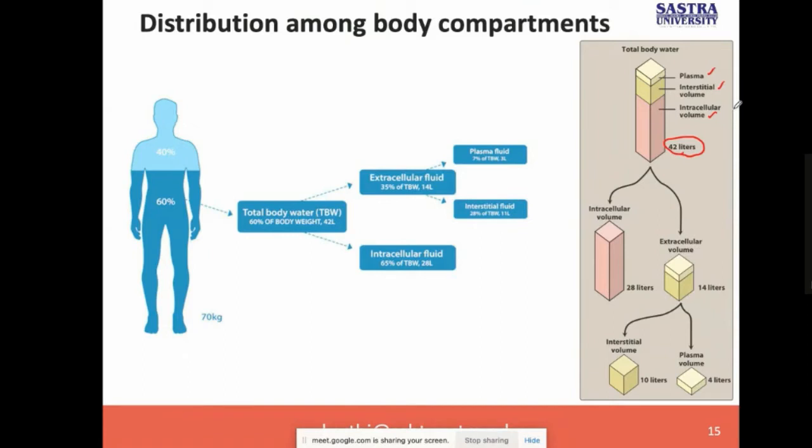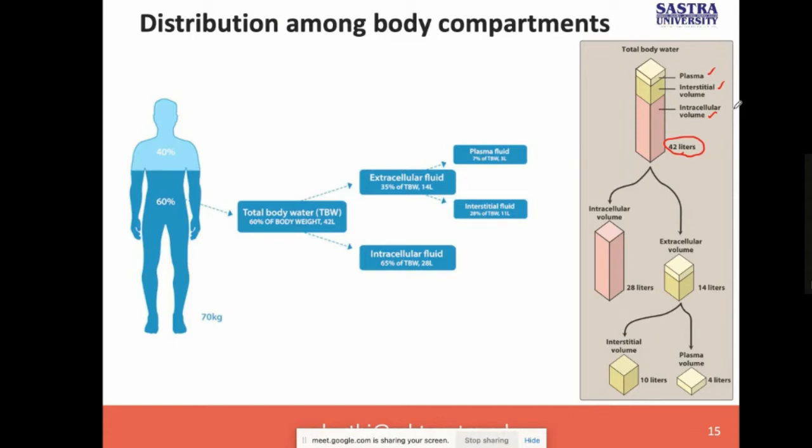Interstitial is the region present in between the cells. Intracellular is the water present inside the cell. These are the three major compartments: plasma, interstitial, and intracellular.